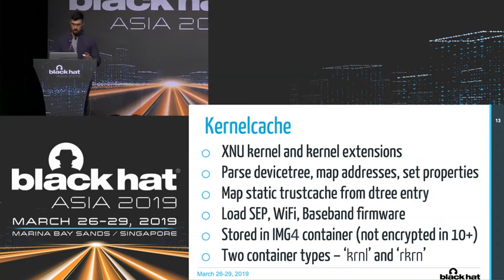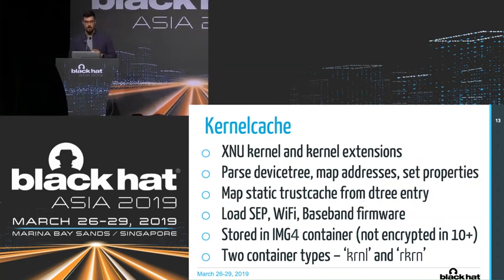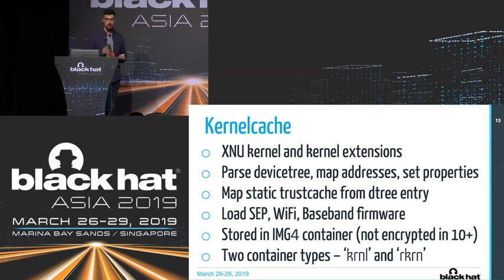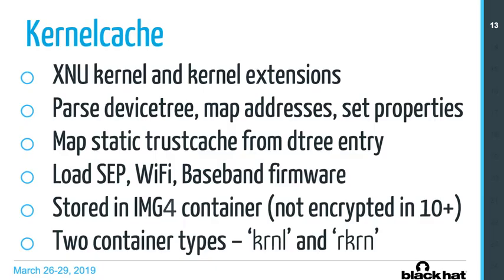The next component of the boot chain is the kernel cache. So the kernel cache is pretty much the XNU kernel and all the kernel extensions, which are statically linked to the kernel. It parses the device tree, maps the addresses, and sets some of the properties.